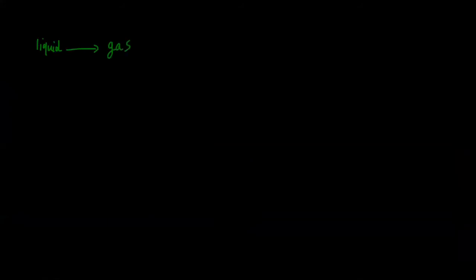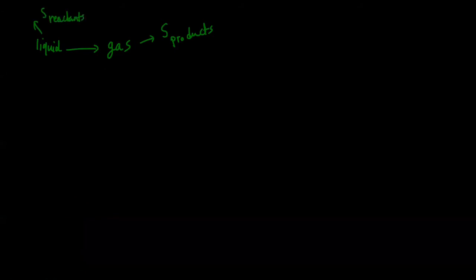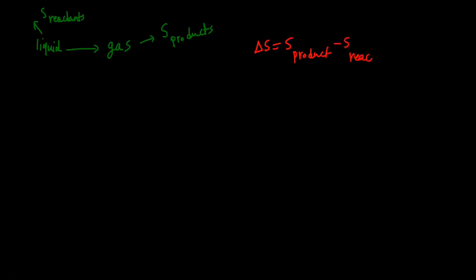We know the entropy of a liquid is less than the entropy of a gas, because gas molecules or gas particles have more freedom. If I name this S of products, or entropy of products, and this one entropy of reactants, then the change of entropy, delta S, is S of products minus S of reactants.